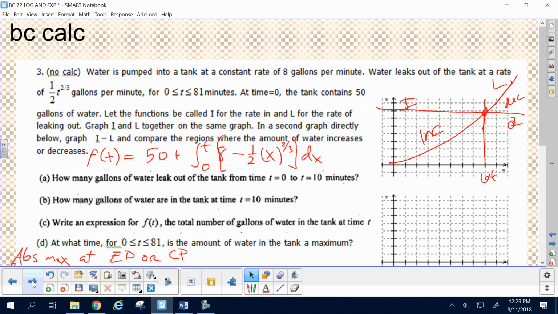69, 17, 18. Oh wait, I'm not on the right one. Okay, 69, 17, 18. Yes, 11, 12, and 17.